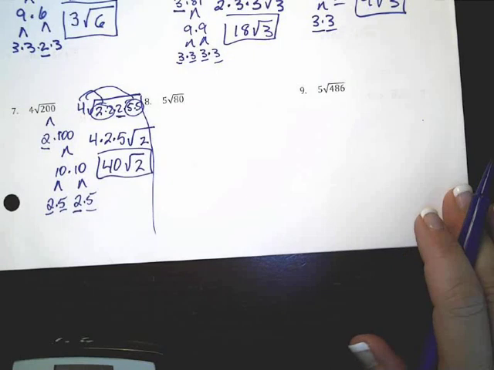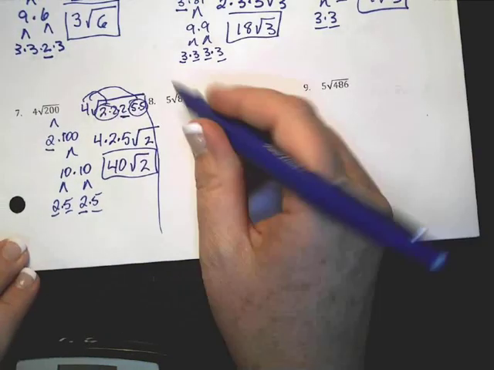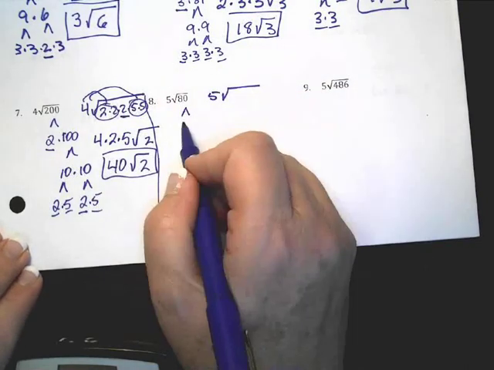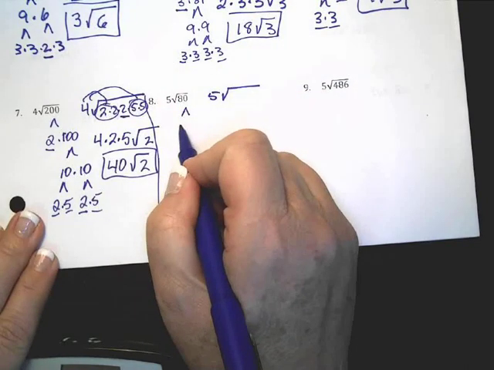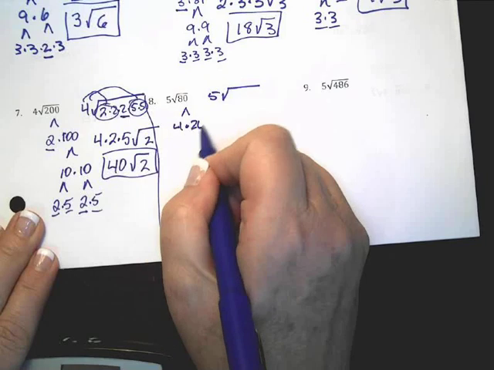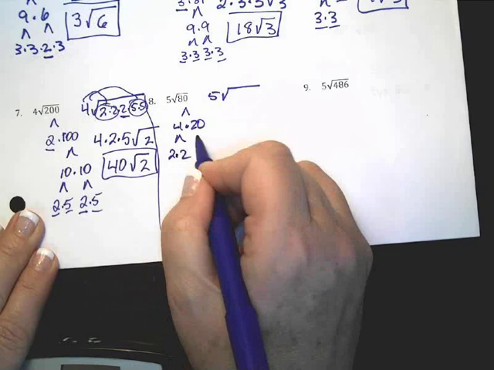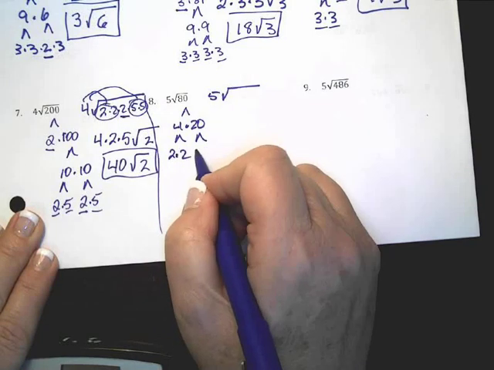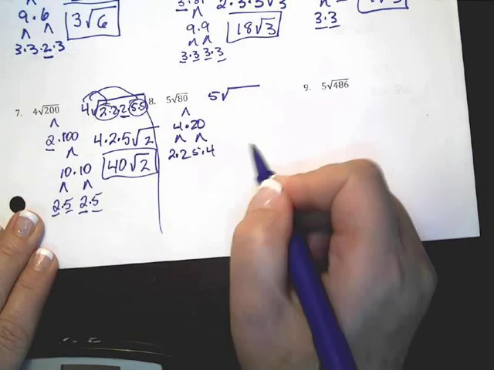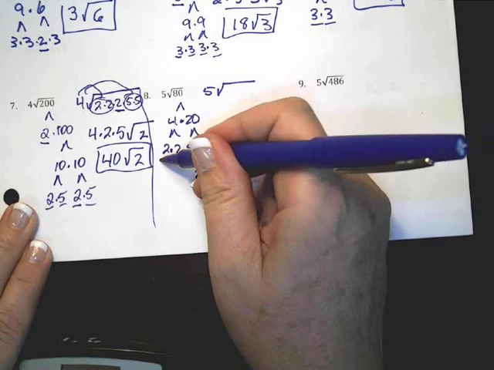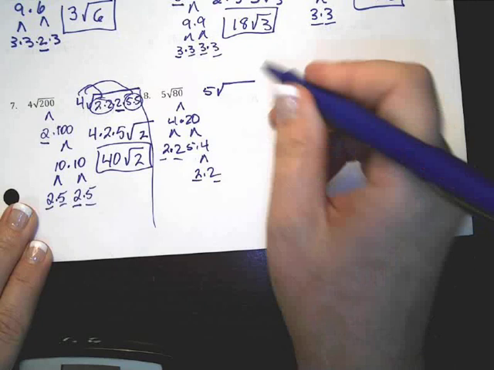All right, go over to number 8. Let's break down 80. A lot of things 80 will break down into. I'm going to do 4 times 20. And then I'll break 4 down into 2 times 2. I'll break 20 down into 5 times 4. And then I'll break 4 down into 2 times 2. So I'm counting 1, 2, 3, 4 2's.